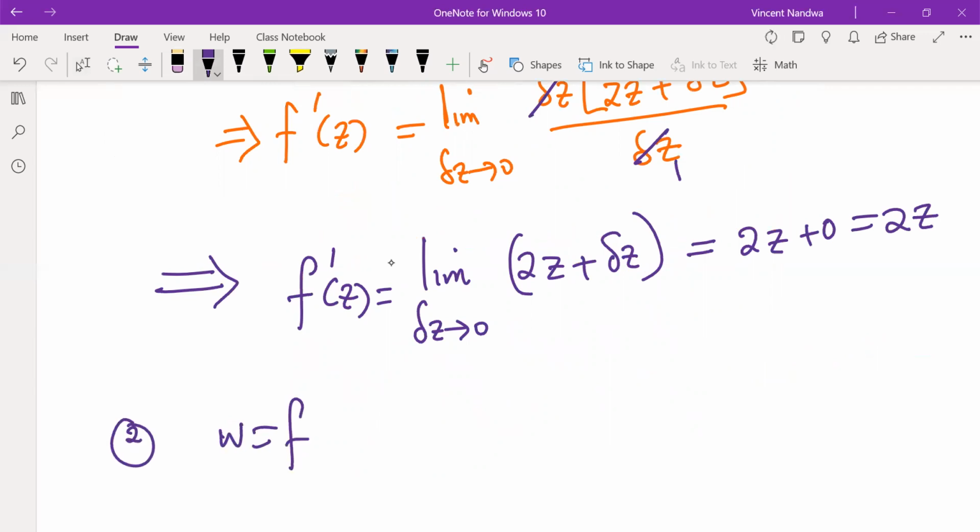Number 2, w equals f of z equals 3z squared minus 2z plus 5.